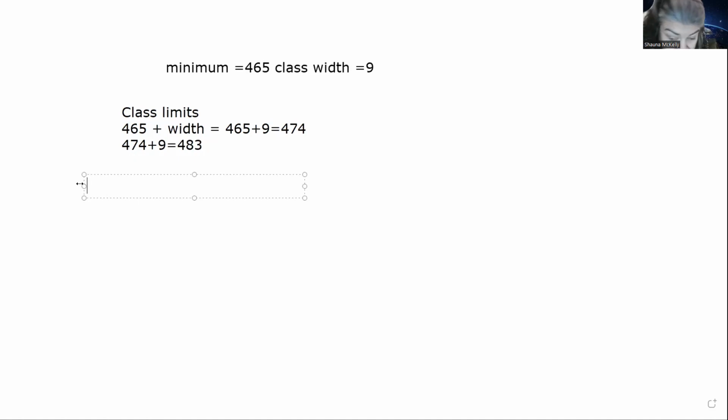When you do that, it looks something like this. 465. And the next number, remember, you're dropping down a row, so then you have 474. I'm sorry, I missed the number.